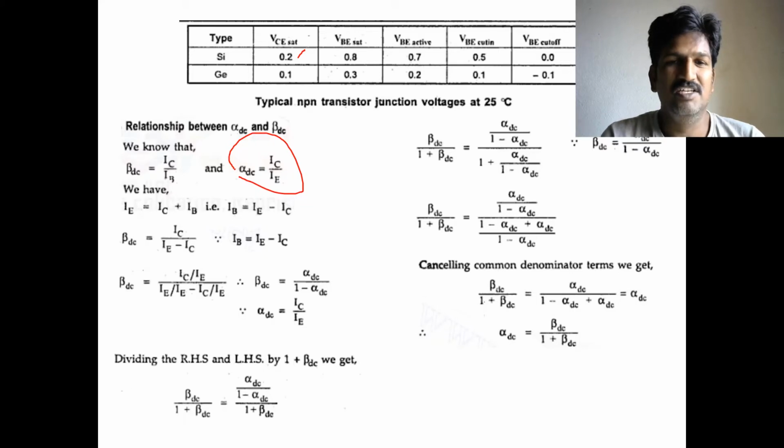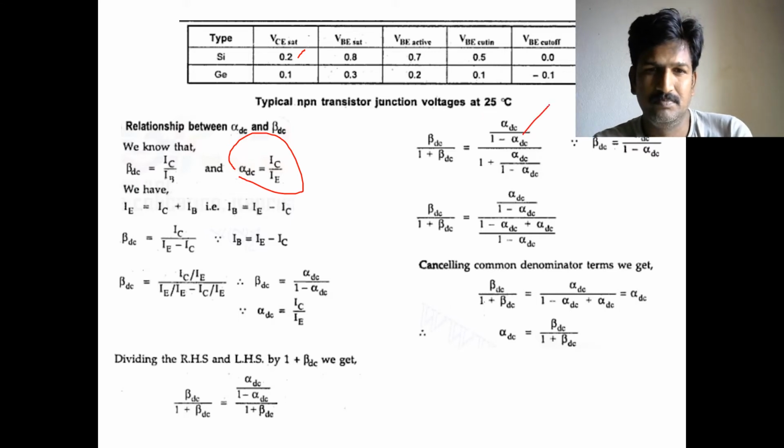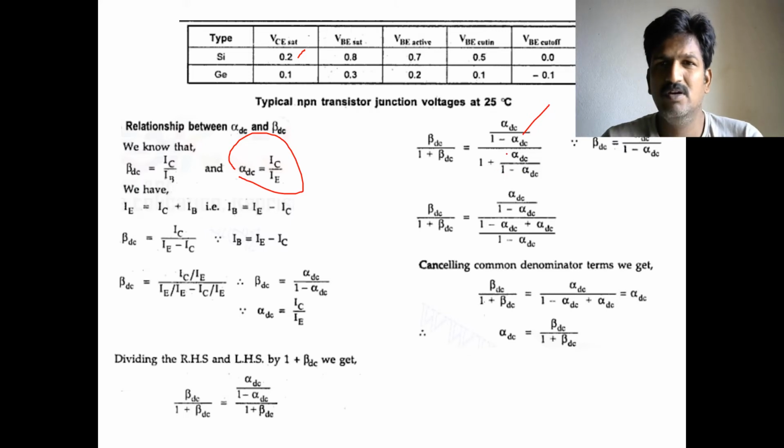Dividing the RHS and LHS by 1 plus beta DC, we get beta DC divided by 1 plus beta DC is equal to alpha DC divided by 1 minus alpha DC, divided by 1 plus alpha DC divided by 1 minus alpha DC.